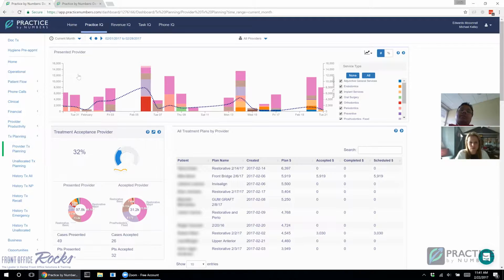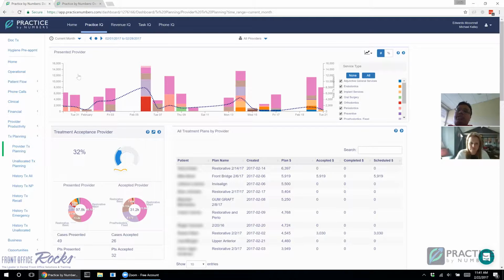One of the things that I want to state is that in terms of treatment acceptance, there are no norms. There is no standard data where you can say, I want to aim for 62% because that's what my friend has. It doesn't exist. With treatment plan presentation and acceptance, you have to establish the baseline in your office. You have to know what you are doing.